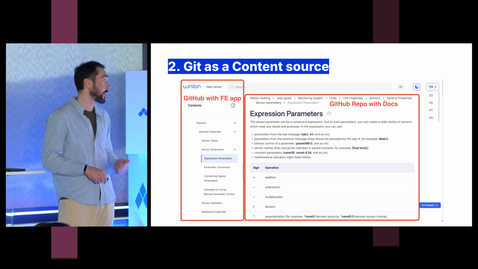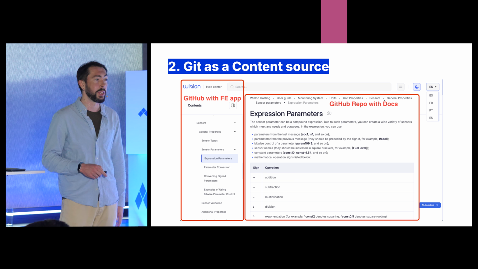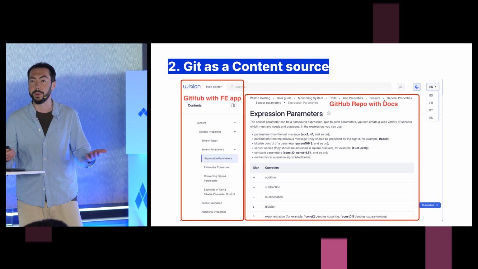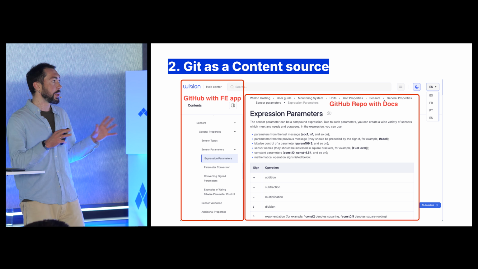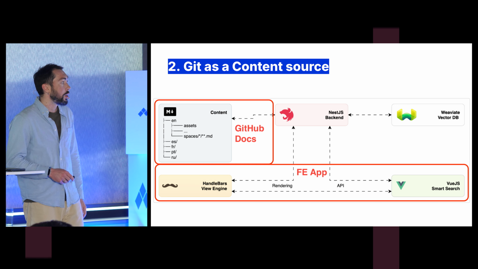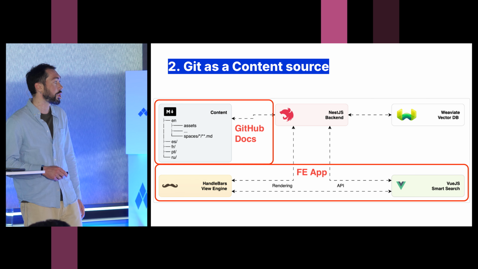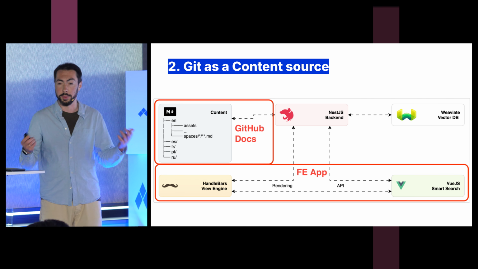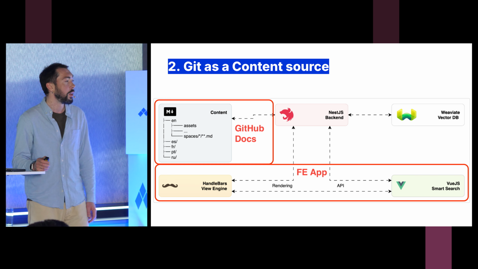It's pretty complex. It has its own structure, it has 5 languages, and it requires constant maintenance. Schematically, it works pretty simply. They use a backend between the front-end application and the GitHub repository with documentation.